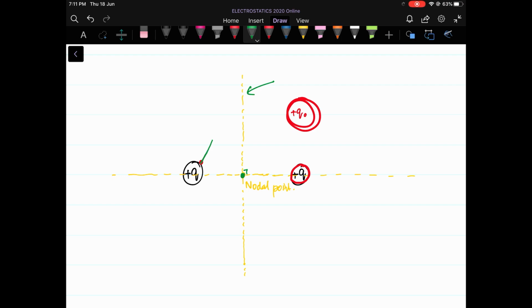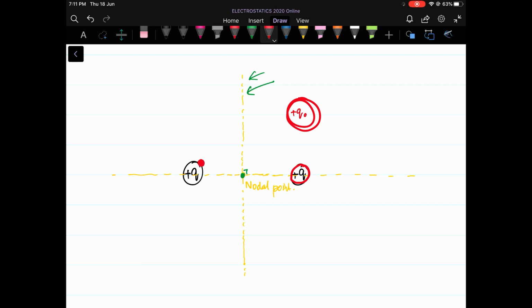And it's going to take a curve, because when the test charge reaches here, the repulsive force from the first charge will be less and from the second charge will be a bit more. But the overall effect is that the charge will start curving away from the nodal axis, this line.